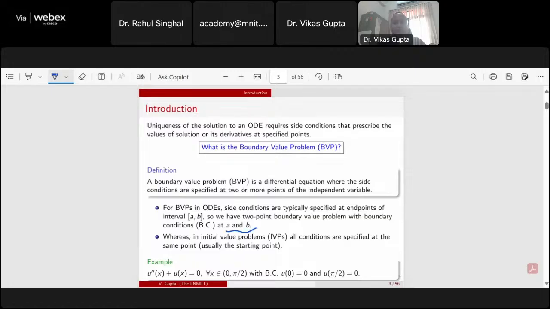For example, consider this boundary value problem: u''(x) + u(x) = 0 defined over the open interval 0 to pi by 2, with boundary conditions u(0) = 0 and u(pi/2) = 0. This is an example of a boundary value problem.